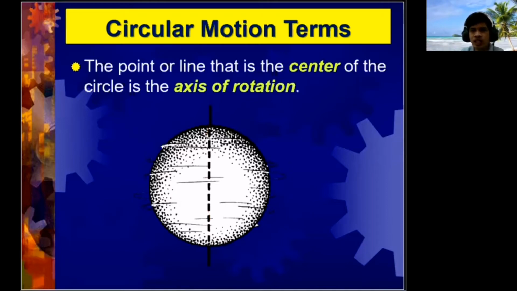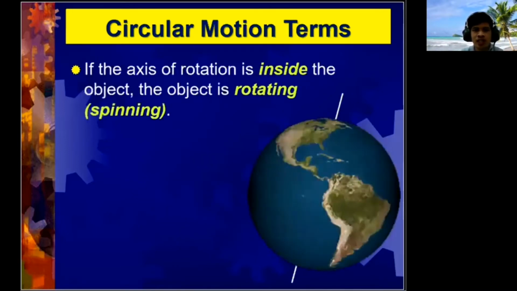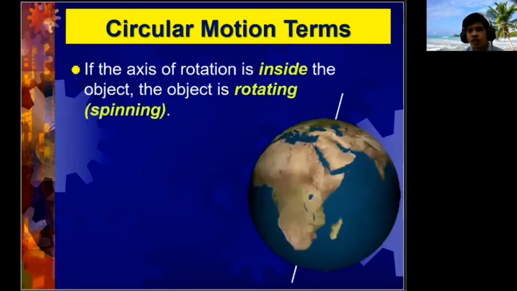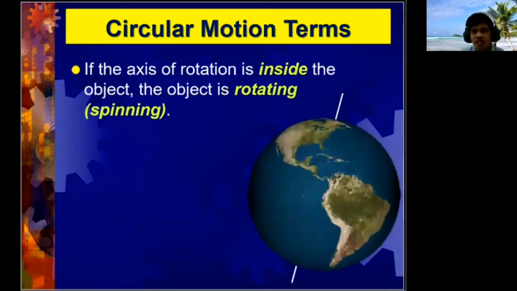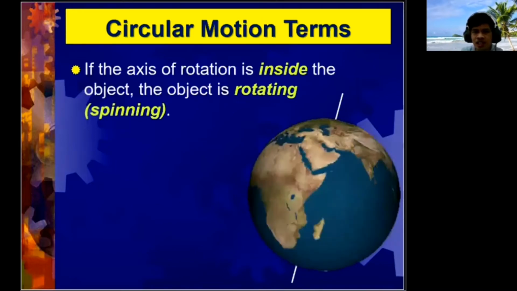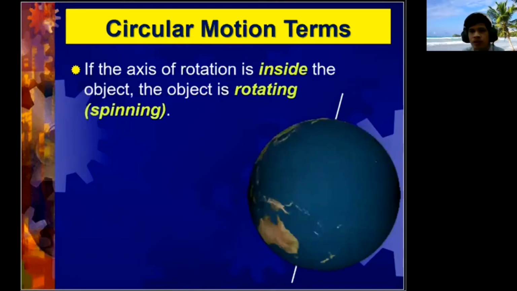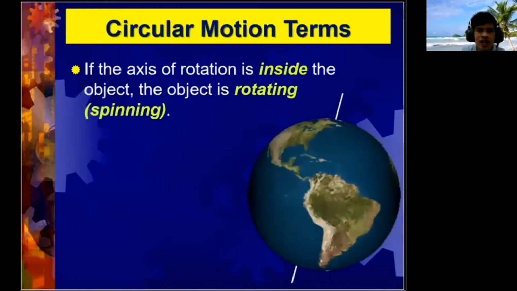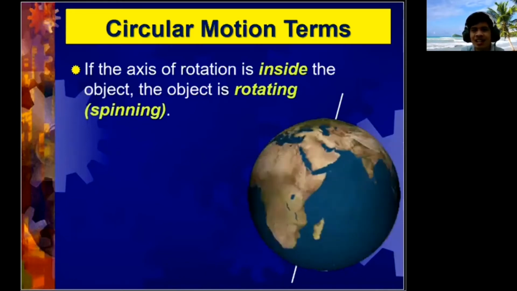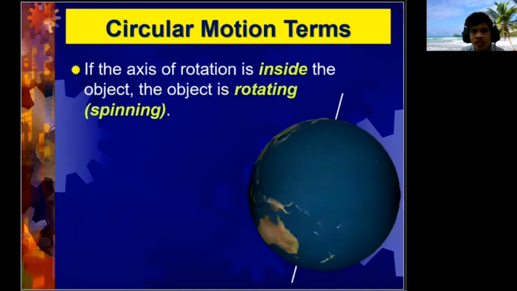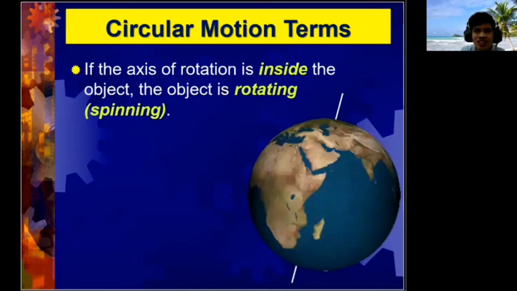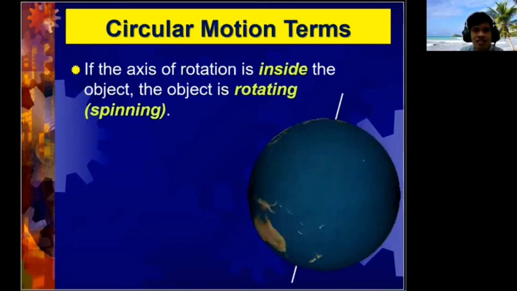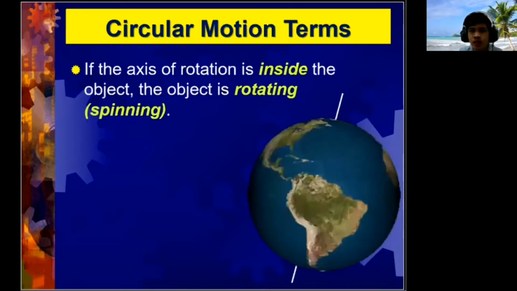The other one is, if the axis of rotation is inside the object, we say that the object is rotating. Like the one you can see here with the earth. The axis of rotation is inside the object, so we say that the earth is rotating around its axis, or spinning, in other words.